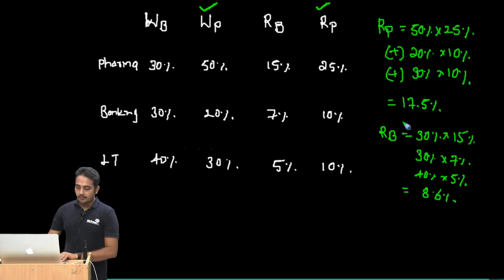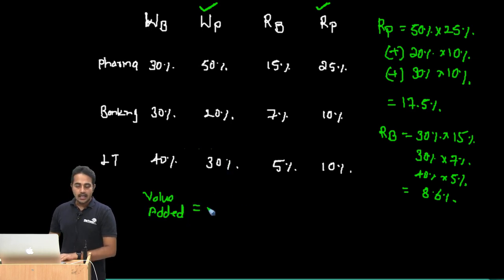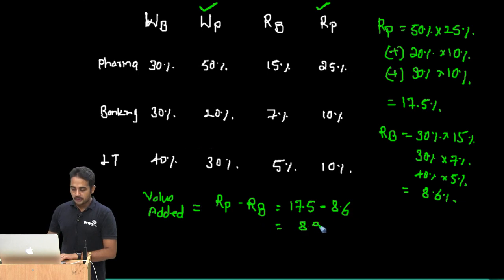Now you can clearly see that compared to the benchmark, our portfolio has given substantially higher returns. We call that number value added, and we will simply calculate this as return on the portfolio minus return on the benchmark. So that's going to be 17.5 minus 8.6, that is 8.9%.